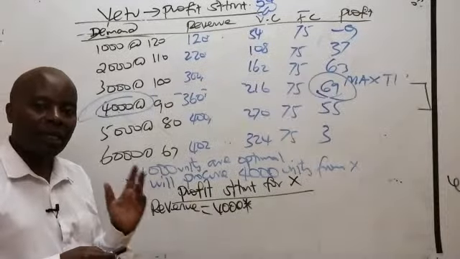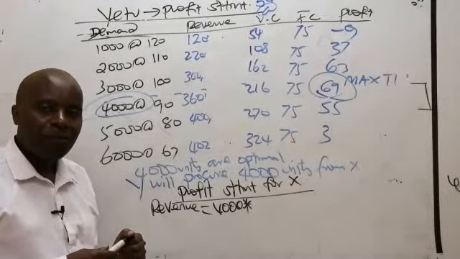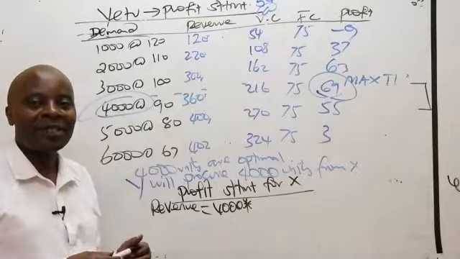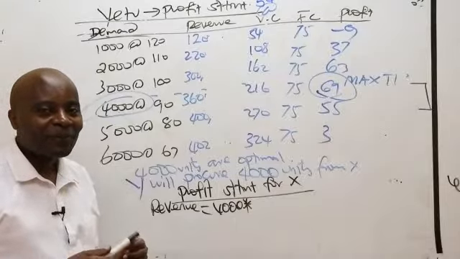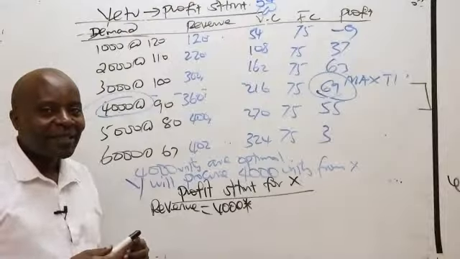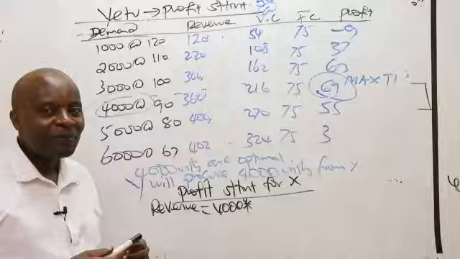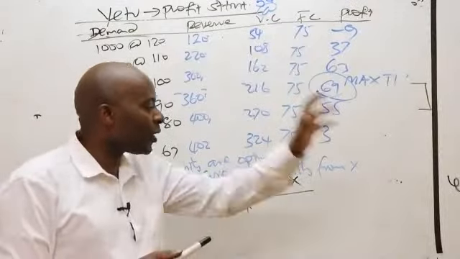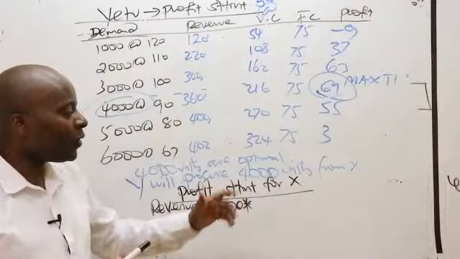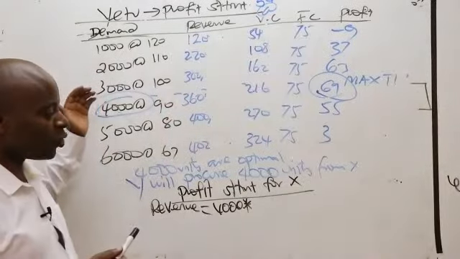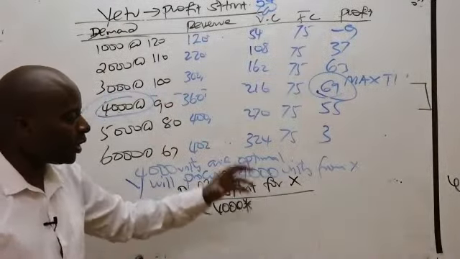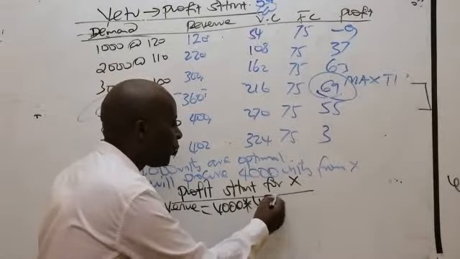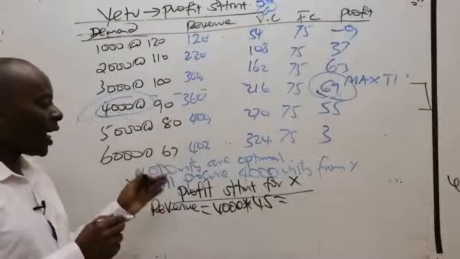Times 45, because this X is simply transferring goods to Y. It doesn't have any external customers. They are only drawing money from Y, and Y is willing to give it at 45.